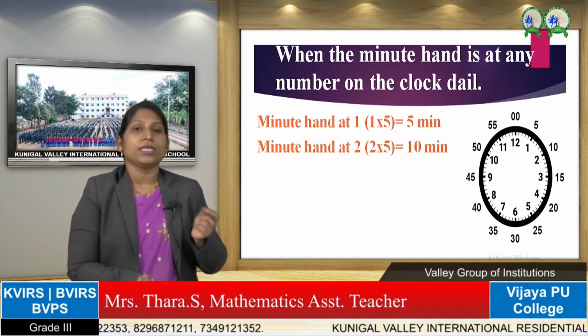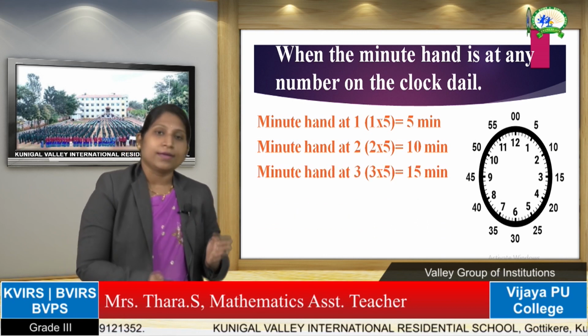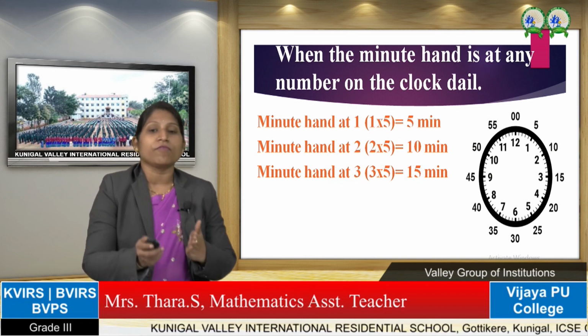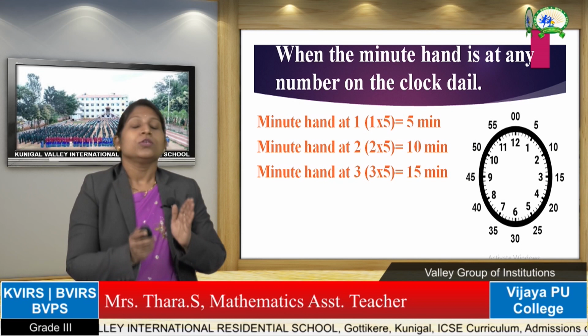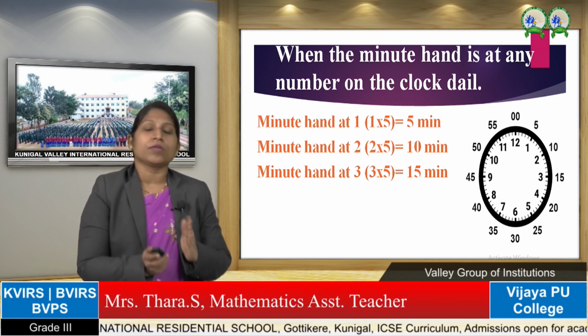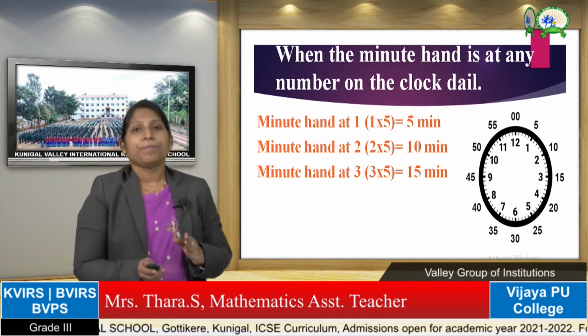If the minute hand is at 2, it is 2 into 5, 10 minutes. Like that you have to multiply by 5, because there are 5 divisions between one number and the next. So you have to multiply 5 by that particular number.